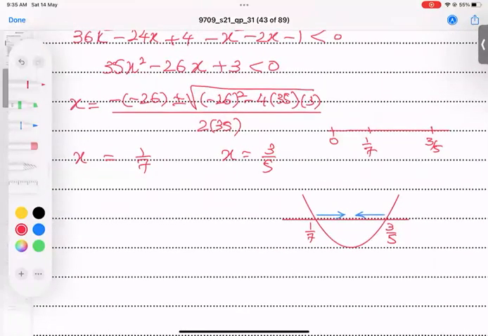After this, how to write the inequalities. If I'm going from here to the right side, this is called bigger than values, and this is called lesser, because I have a common region. You can see the common region. So we can write the combined form: less than 3/5 and bigger than 1/7.